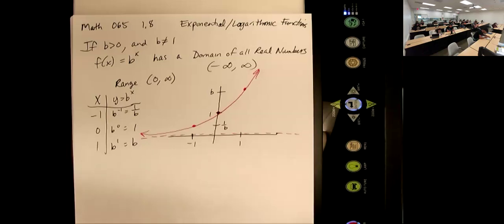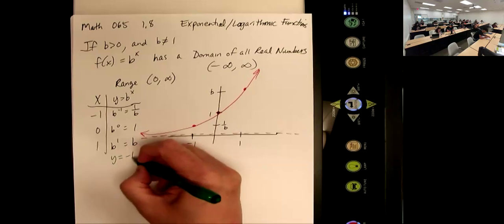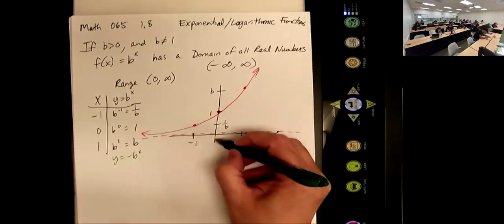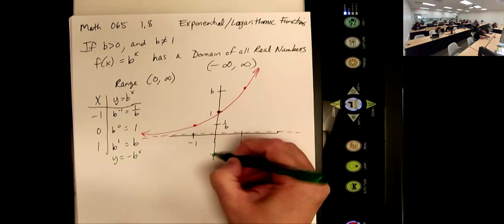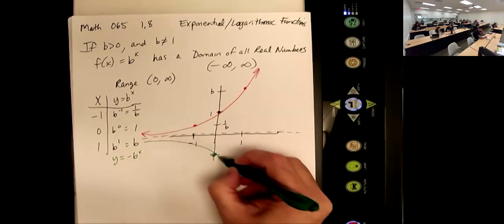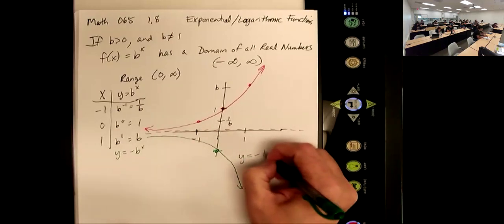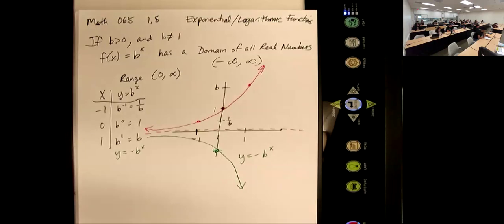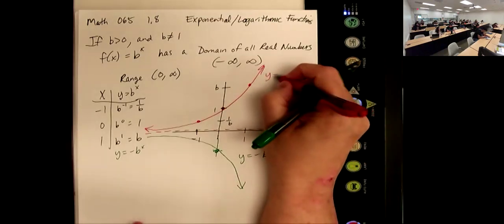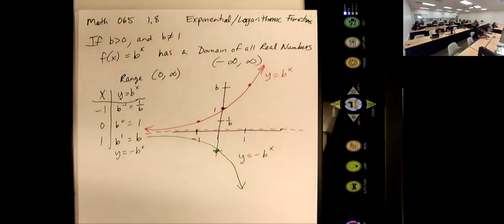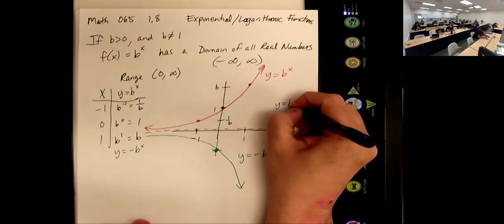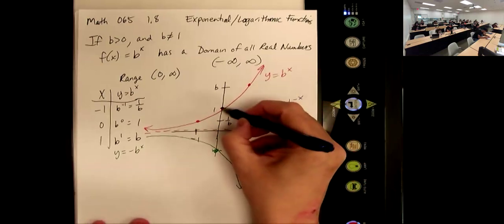So negative b to the x would be downward, just reflected over the x-axis. And if you have y equals b to the negative x, it actually reflects across the y-axis.